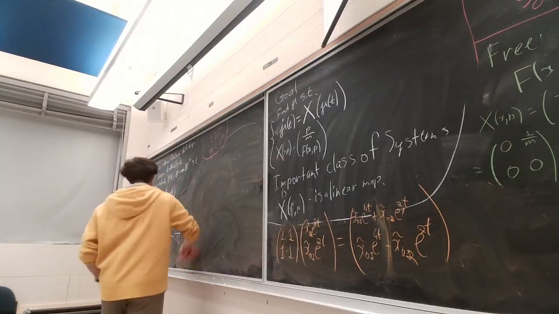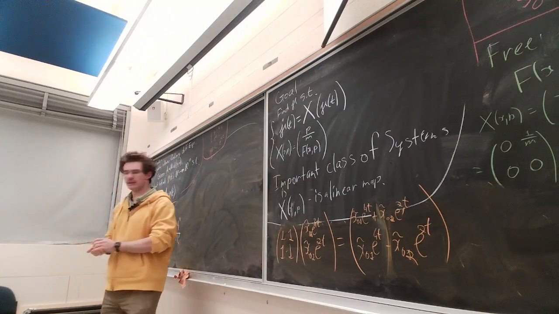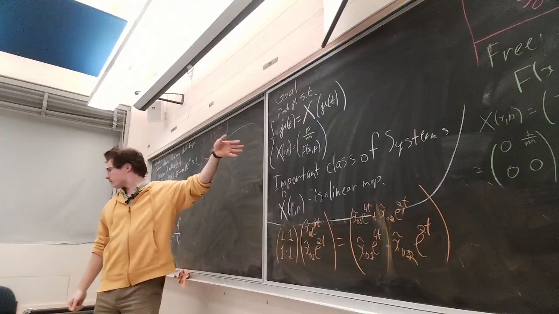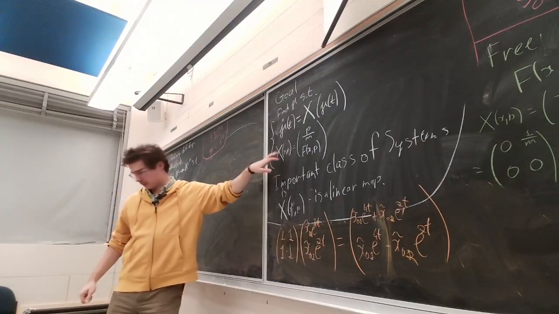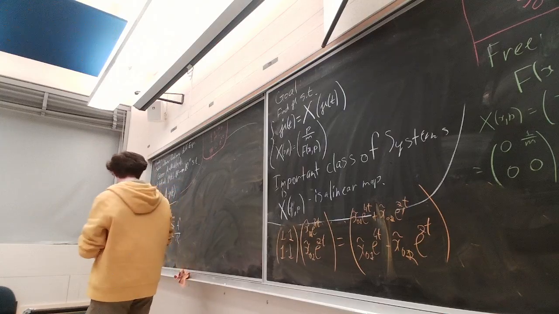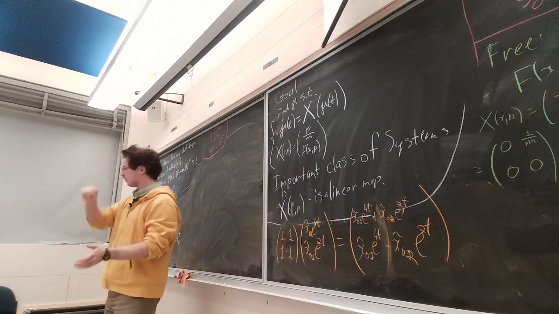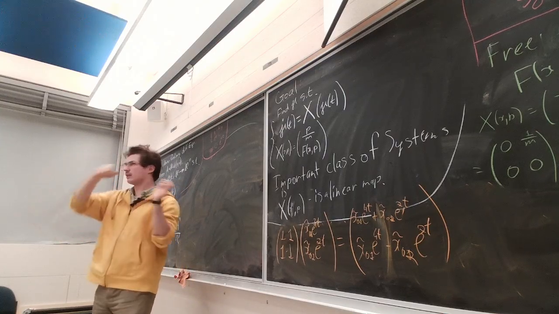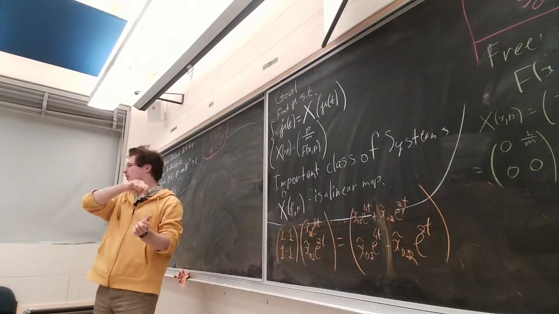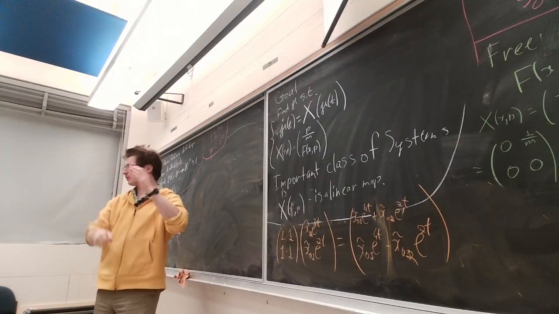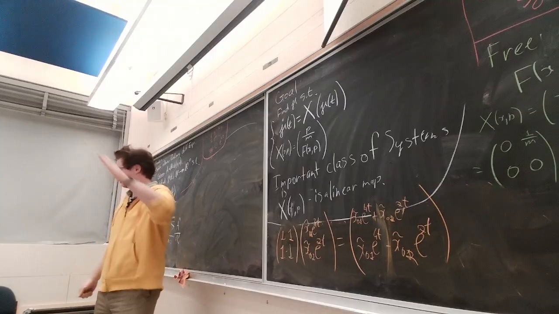But the idea is, with a harmonic oscillator, we're going to write down some matrix. It's still going to be a linear equation. X of p is going to be a matrix applied to x and p. The problem is that matrix was going to be a rotation by 90 degrees clockwise, and so it cannot be diagonalized because rotations don't stretch any particular direction.